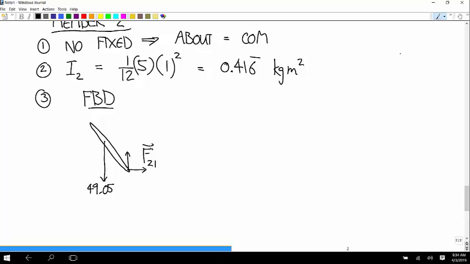But if we call it F21, then we've introduced new variables we don't need to introduce, and we definitely can't do that. So we need to use Newton's third law, and this is equal to negative F12. And now that's not introducing any new variables. And that 100 Newton force doesn't apply here because it's applied to the pin, which we said was connected to member 1. We're treating it as part of member 1.